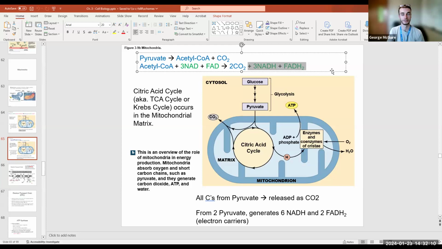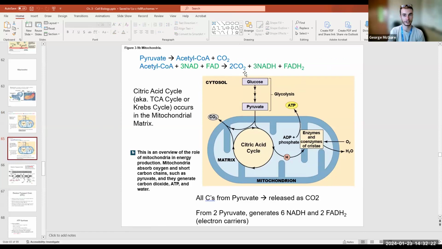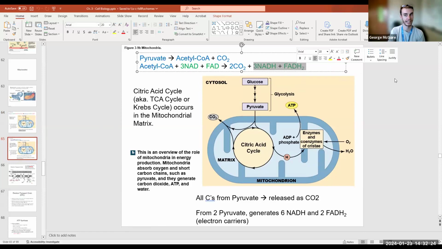So 6 of these and 2 of these from 1 full glucose molecule. And so really by the end of these first 2 stages, we've only made a little tiny bit of ATP that's new to the cell. And most of the energy that was present in that original glucose is now being carried by the high energy electrons that these 2 molecules are carrying.